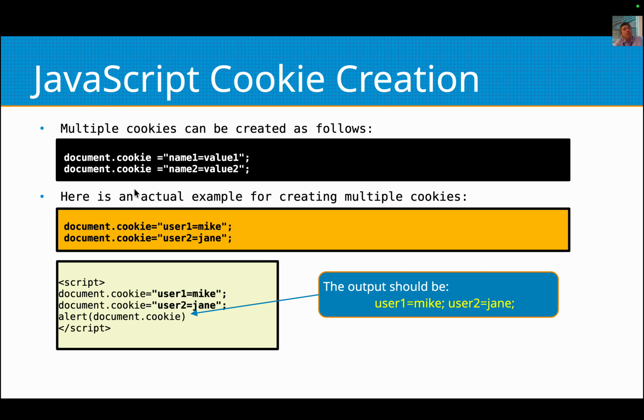So here's an example of creating 2 cookies. Notice that all you have to do is assign it to document.cookie. When you create the first cookie and you create the second one, the first one is not deleted. What you're doing here is adding an additional cookie. So this will generate basically these 2 cookies that you find here.